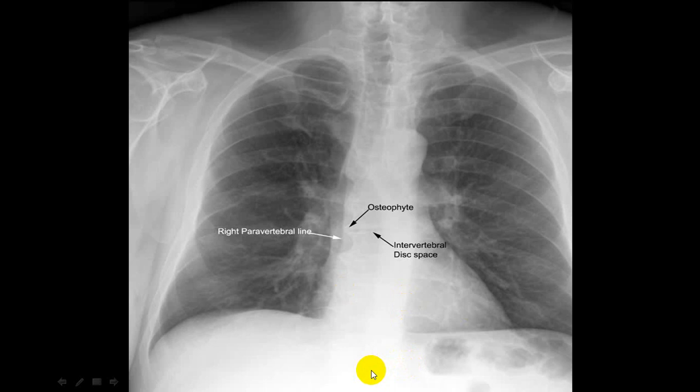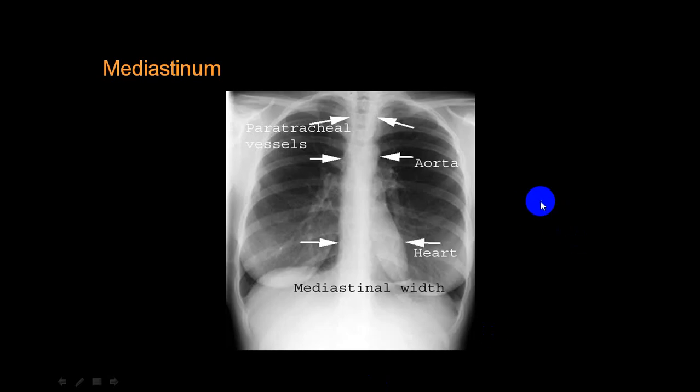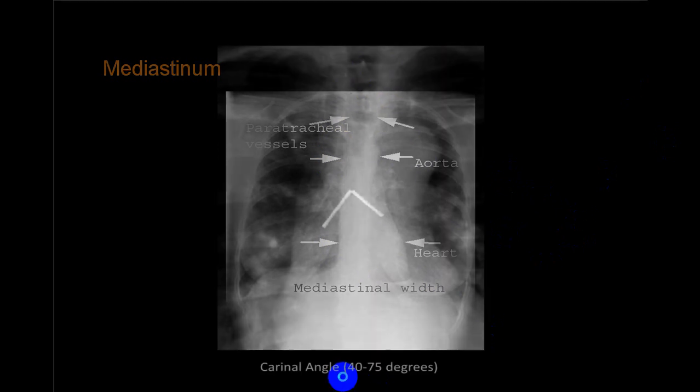So if you can identify, well and good. Sometimes you can make out even a scoliosis, but you cannot identify kyphosis in an AP view. So try to look at the mediastinal width at different points. If there is a widening of the mediastinum, there is some abnormality, or if there is an overlapping shadow, there is some abnormality. Try to identify that.